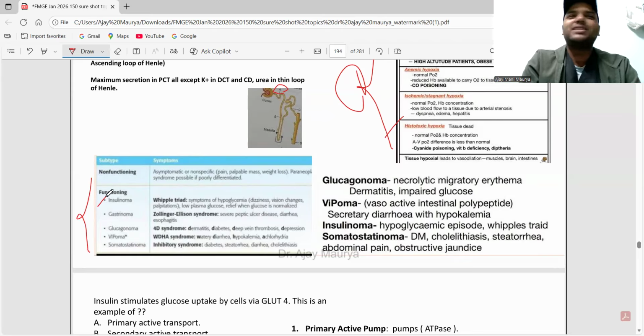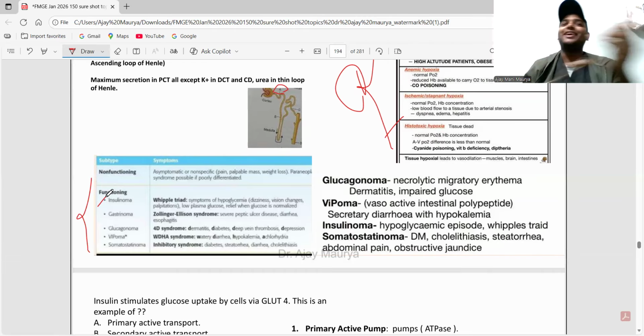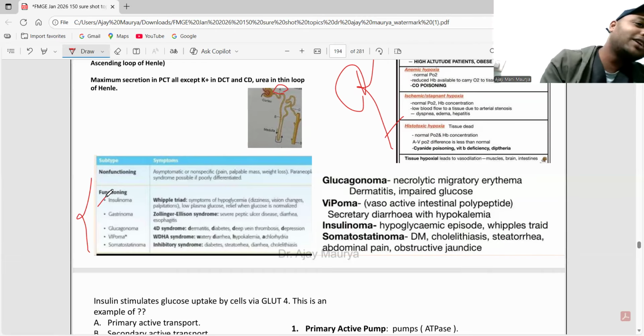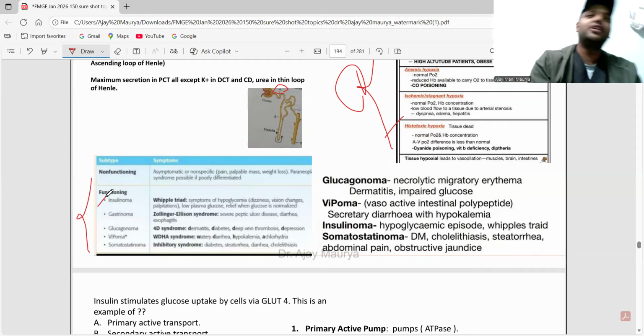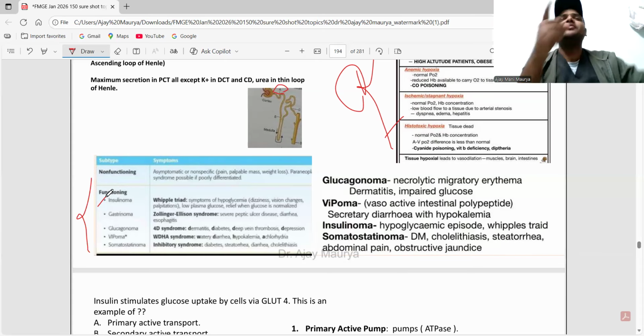What is insulinoma? Think once again. Noma means cancer. So there is a cancer in the insulin-producing cells. Whenever there is a cancer, it will divide, meaning the activity of the insulin will be very high. What is the function of insulin? Insulin will control the blood glucose level.